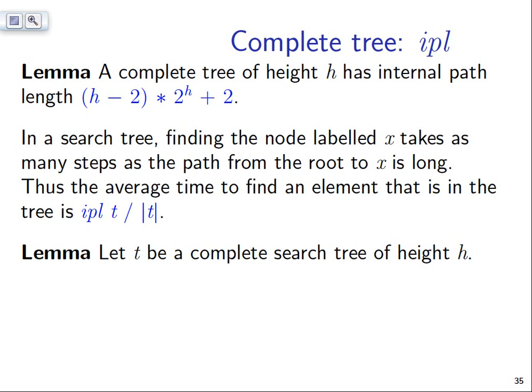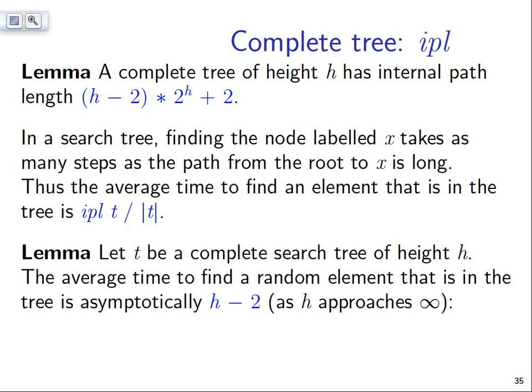Now let's assume we have a complete search tree of height h, and that means we have this internal path length. If we divide that internal path length by the size of t, then you find that this approaches asymptotically h minus 2.